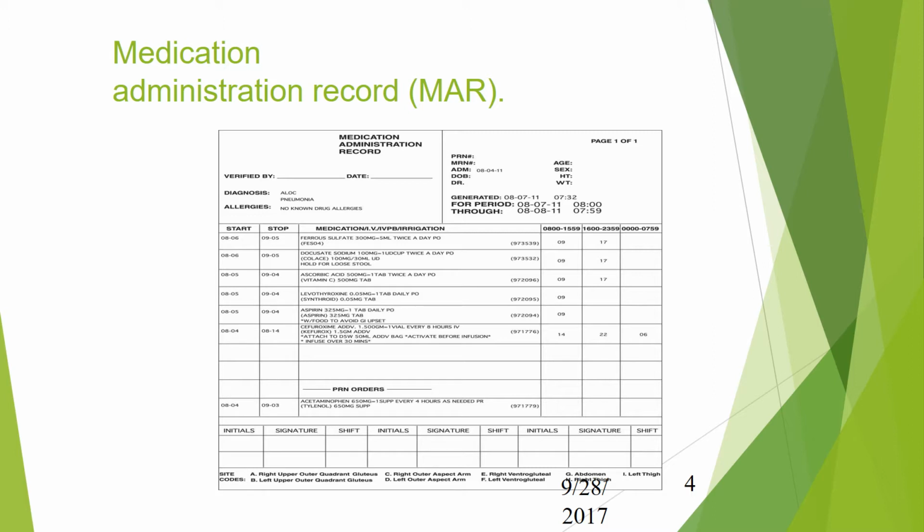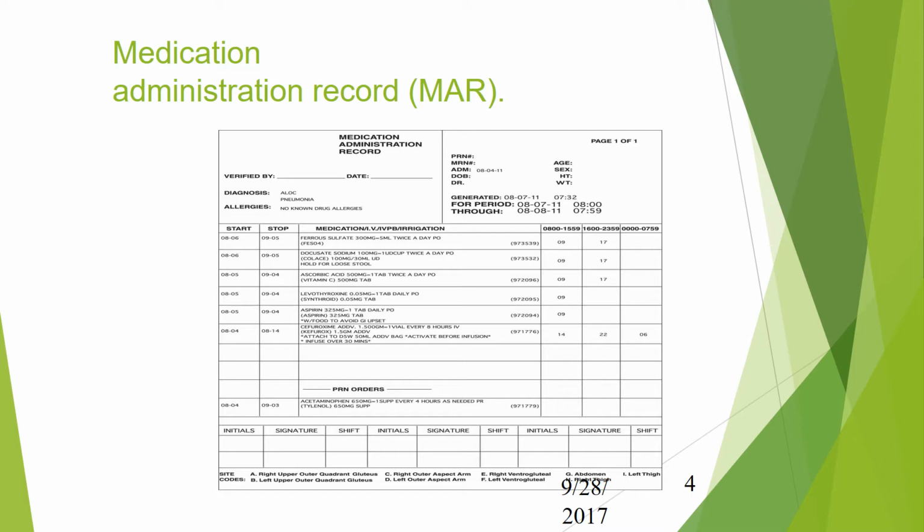It used to be, when we were using paper MARs, that these were changed out on the night shift, and that was one of the jobs I had. So they were changed out daily, so they're only good for one day. At the nursing home, your MAR is going to be good for the whole month.